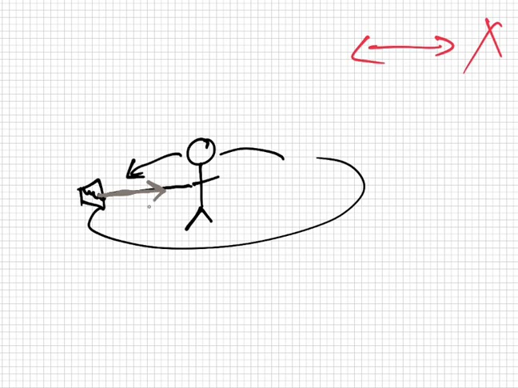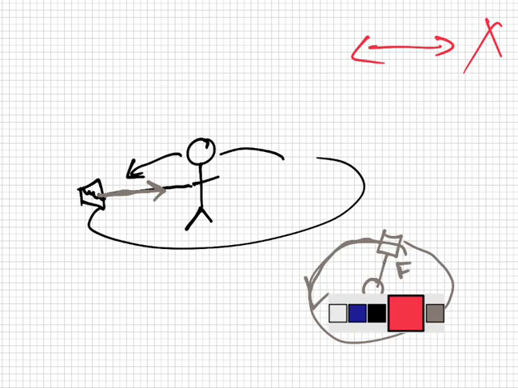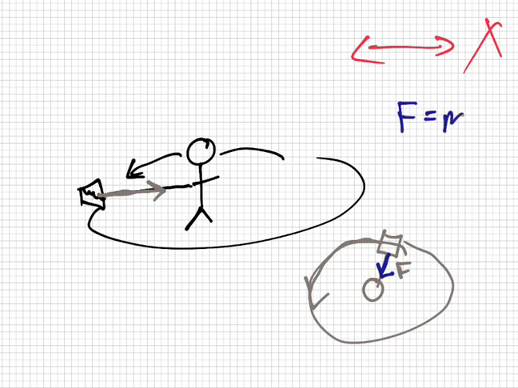So if I look from the top, here he is. Here's his bucket, and it's going around in a circle. This is the force here, this way, isn't it? What's Newton's second law? F equals ma.